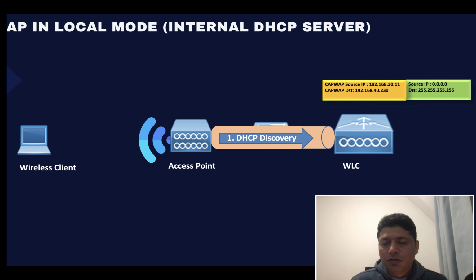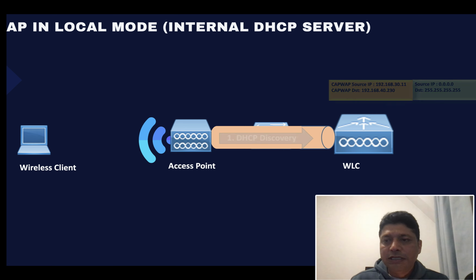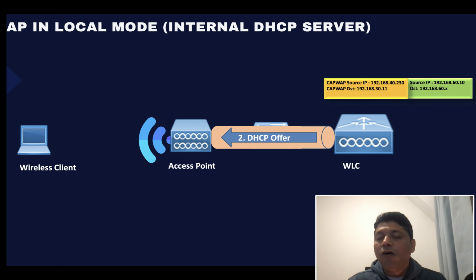When it hits the controller, the controller sees that this packet is a discovery packet and it has come from WLAN 60. Now, from where does the controller get the information about WLAN 60? That's what you configured under the policy profile, which is mapped to the policy tag along with the WLAN profile, which is nothing but the WLAN you have configured. So that will hit WLAN 60. The controller would decapsulate it and make the DHCP offer with the source IP address being my SVI of WLAN 60, which in my case is 192.168.60.10, and the destination is actually my client IP address.